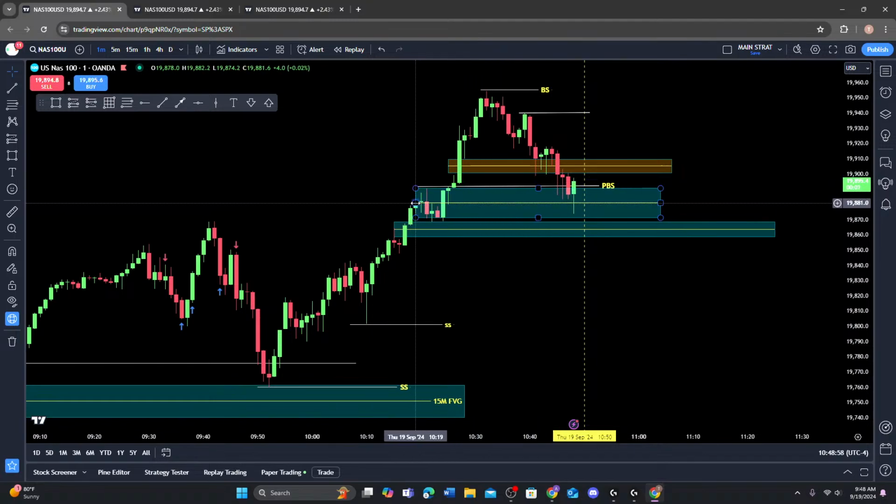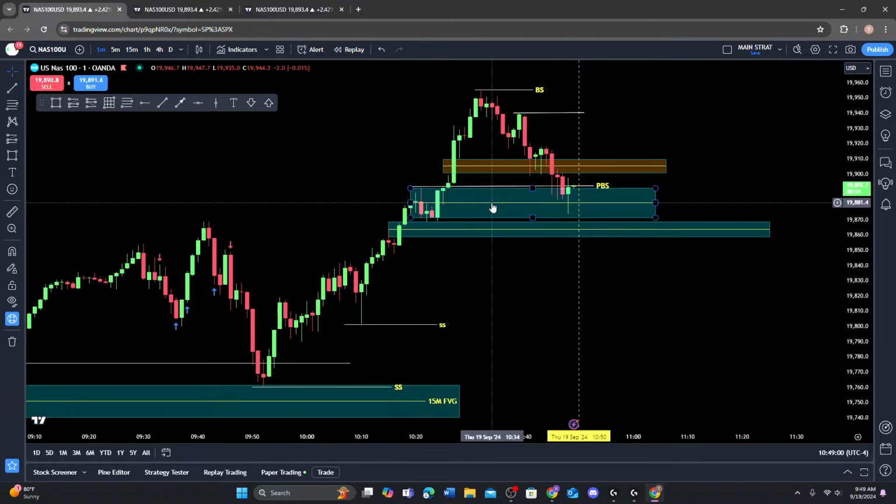Price traded inside and hit the 50, the 50% of that order block.